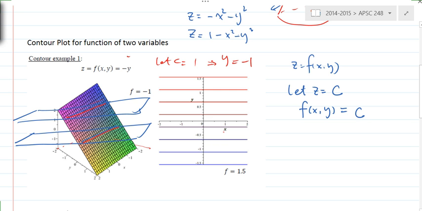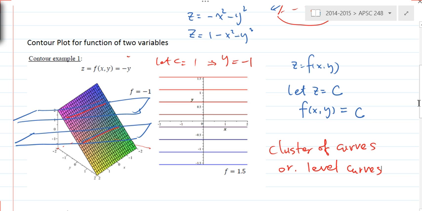You drop all the intersected curves into this xy plane, and this is your cluster of curves, what we call level curves. Why is it level? Because each curve is at a different c.